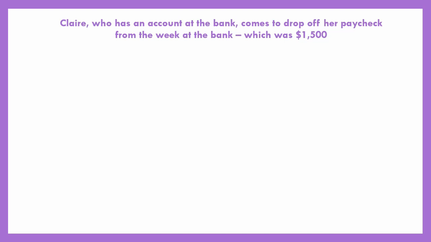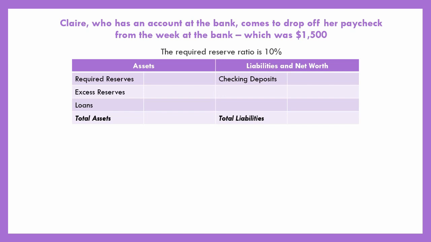Well, then let's say that we have Claire who comes along, and Claire has an account in our bank, and Claire got her paycheck for the week, so she drops it off at the bank. Her paycheck was $1,500. Reserve ratio, still 10%. What does this look like? What happens? Our checking deposits now is going to be $2,500. Our total liabilities. Well, why $2,500? Well, remember, Alex dropped off $1,000. Claire dropped off $1,500. Both of those were their monies that they dropped off.